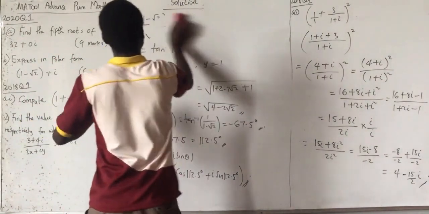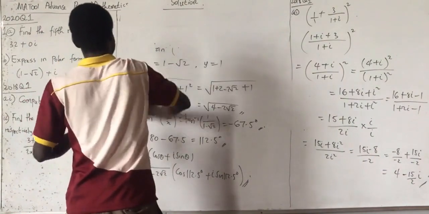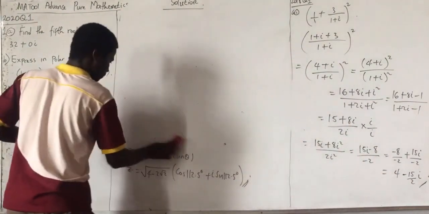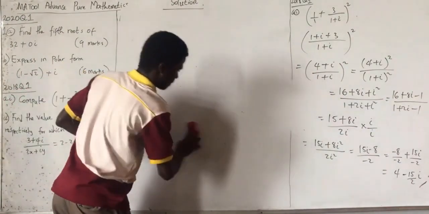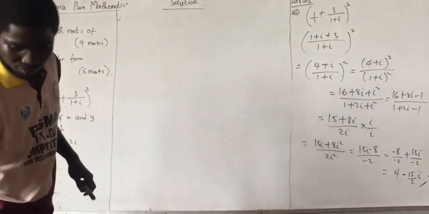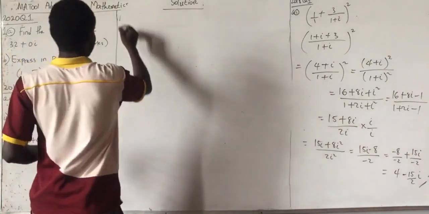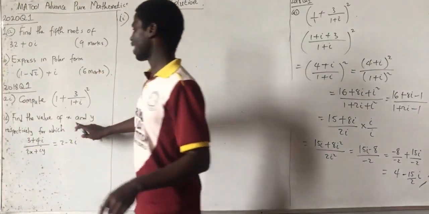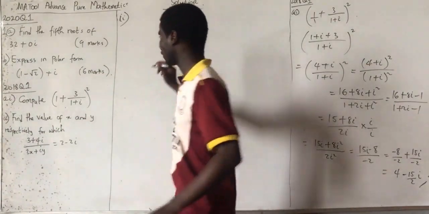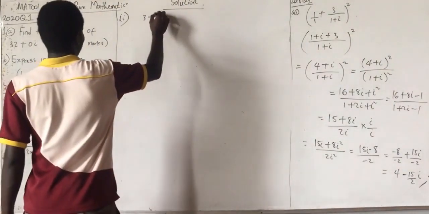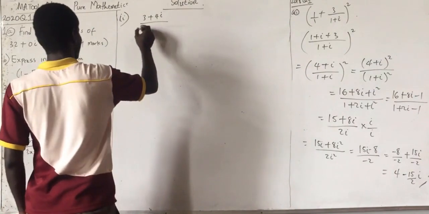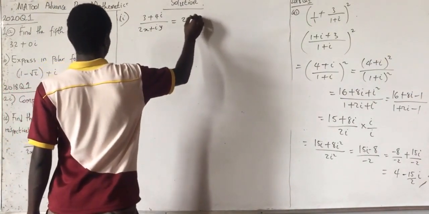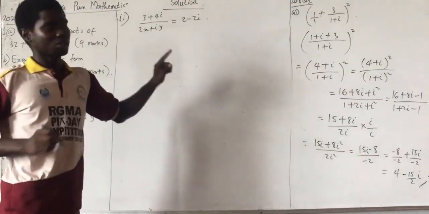Now the second one that follows it, find the values of x and y respectively. See this question. I have (3 plus 4i) over (2x plus iy) equal to 2 minus 2i.